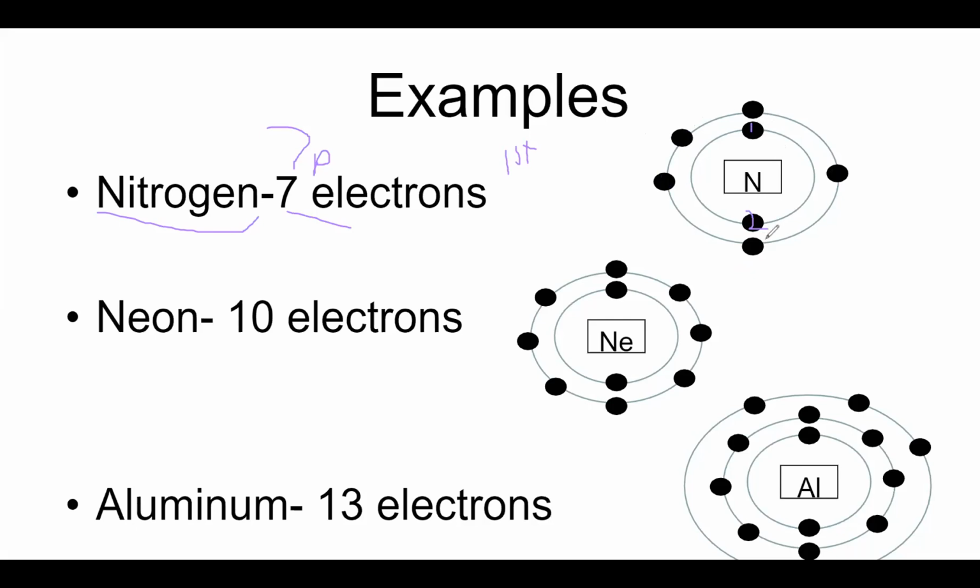So we put electrons 1 and 2 on the first shell, but we need to get up to 7. So electrons 3, 4, 5, 6, and 7 will go on that second shell.